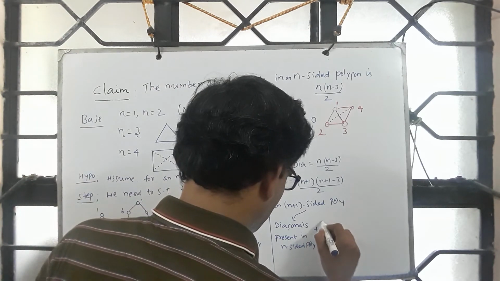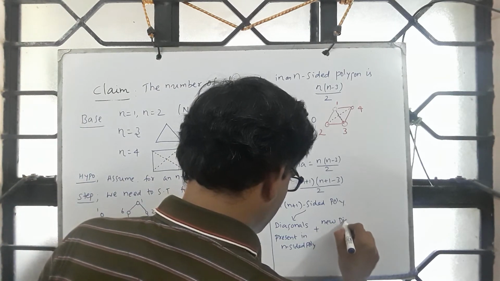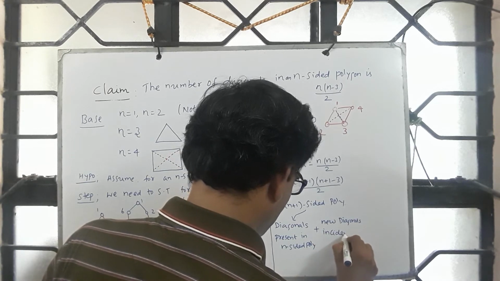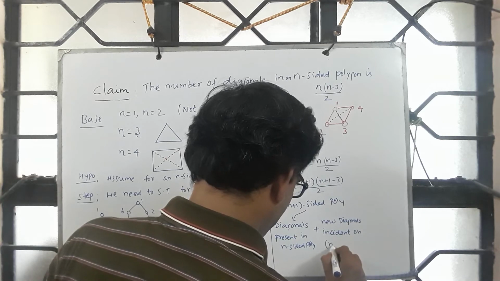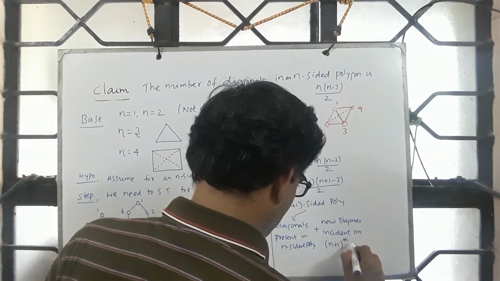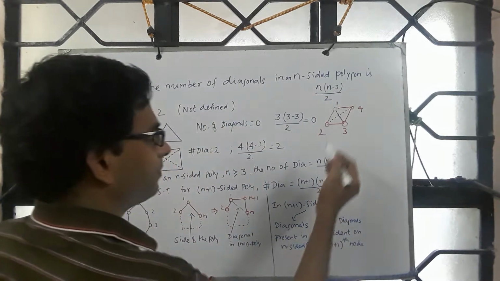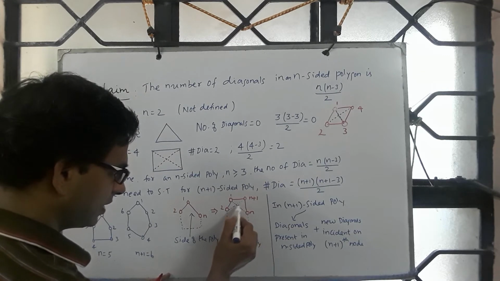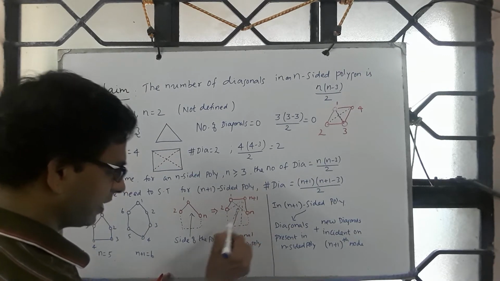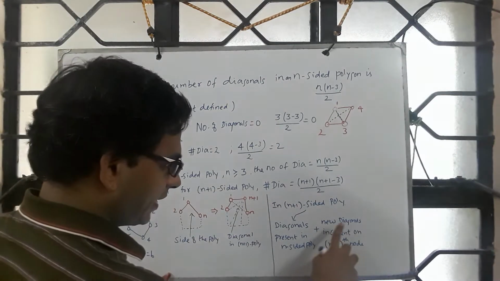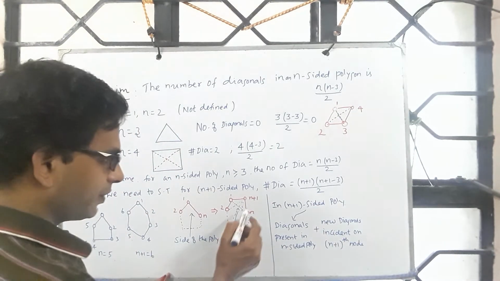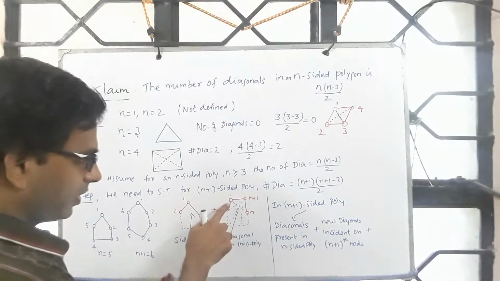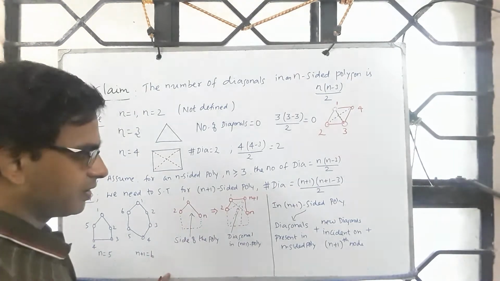Plus new diagonals incident on the n plus 1th node. For example, from 4 you get a new diagonal. From n plus 1, I may get this diagonal, this diagonal, this diagonal. There are new diagonals that are created due to the introduction of n plus 1. Plus the edge 1 n, right?